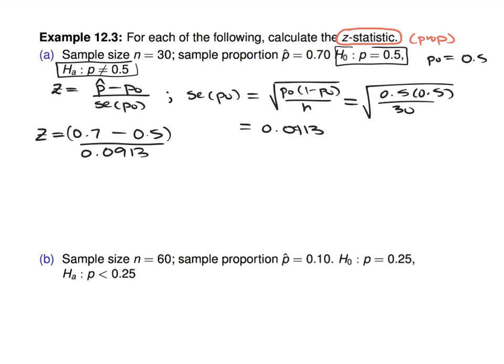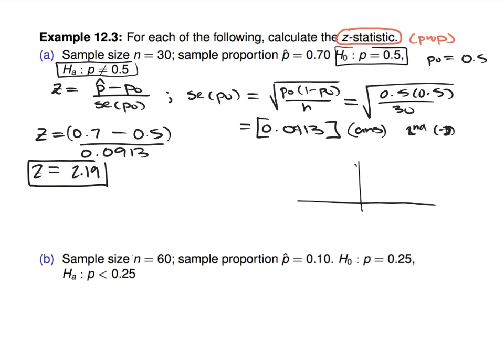One way to make this more accurate is to use the last answer in your calculator. Just don't put in the rounded number. In my case, I push second and then push the negative button on my TI 30X. It should come out to be about z equals 2.19. And thinking about where this falls, this is a normal distribution.